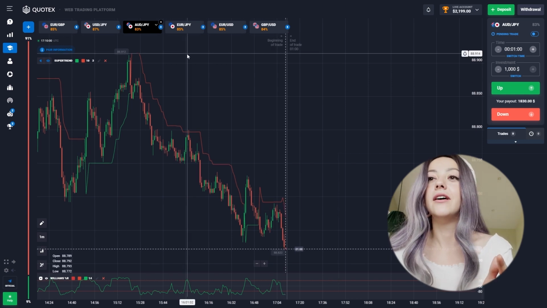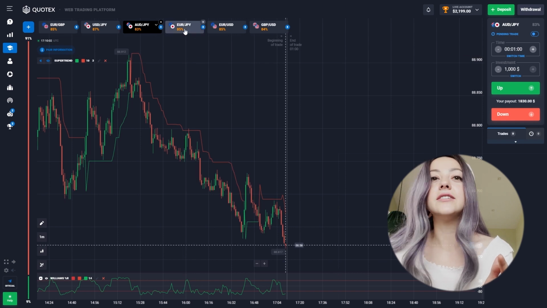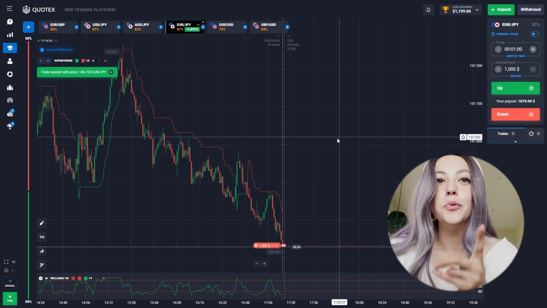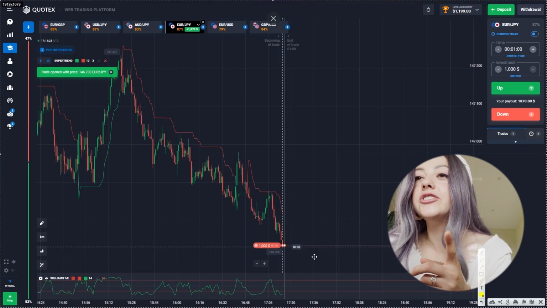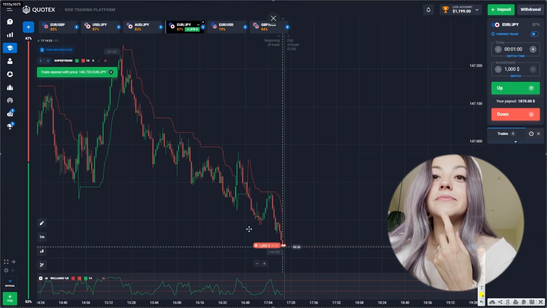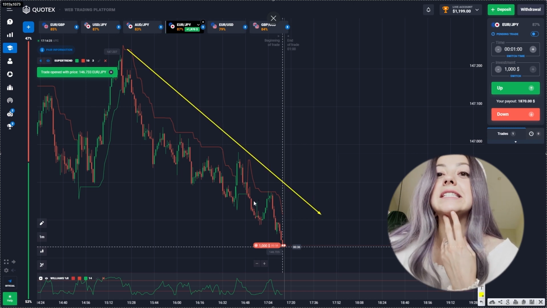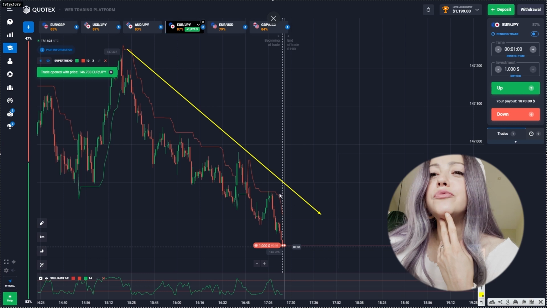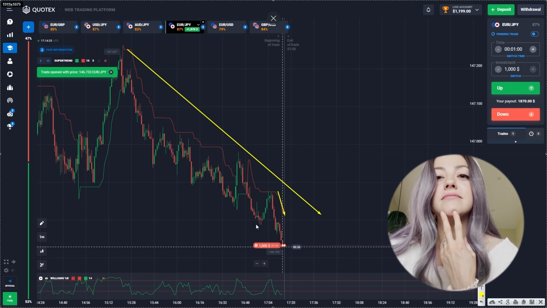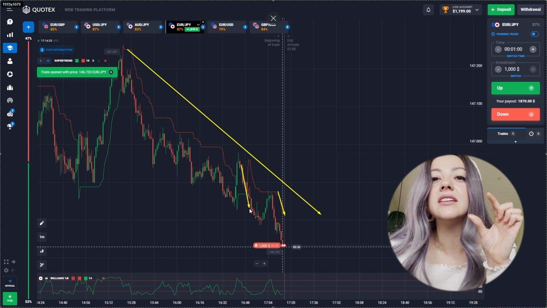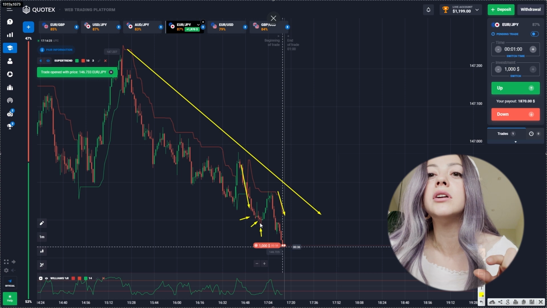Okay, so let's go down to the analysis part. What we can see is that the general tendency is descending, and the super trend is also descending. There are very confident candlesticks, and there is back movement, and the candlesticks get lower and lower.